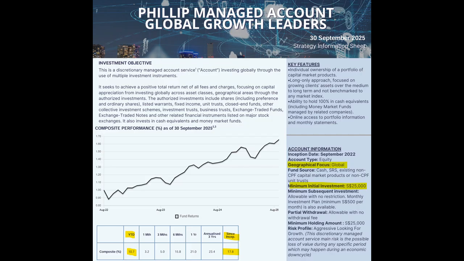But overall the performance is considered desirable as the corrections are not deep, and many times the continuation of the equity to the upside is on a faster ascent than its correction phase. The focus of this fund is to invest into global stocks, and the minimum investment is 25,000.